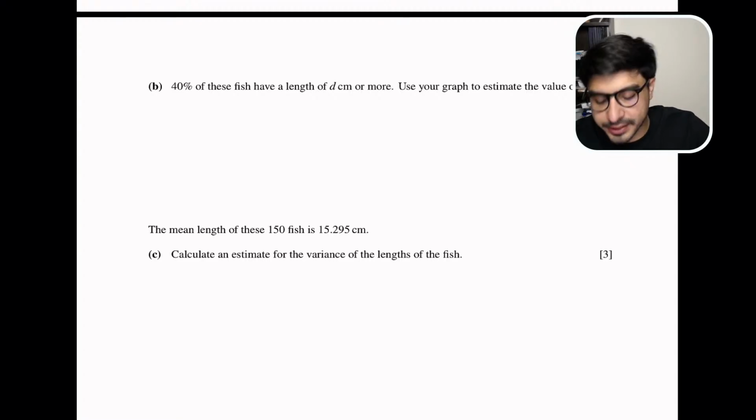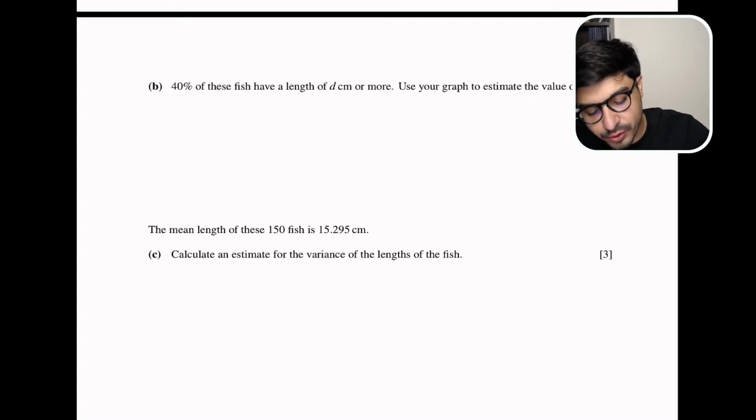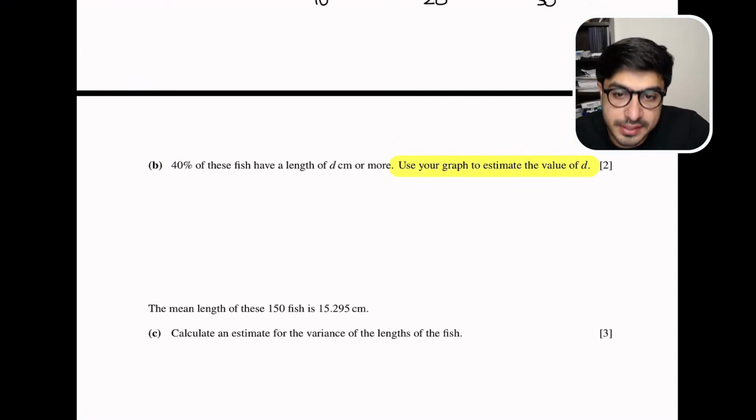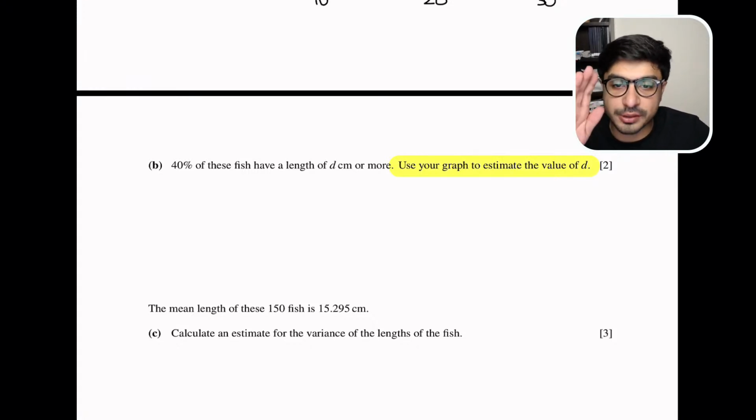Okay, let's get started. Now they're saying what? They're saying 40% of the fishes have length of d centimeter or more. What we have to do is we just need to find out what is that length d. Okay, 40% of the fishes have length d or more, right?